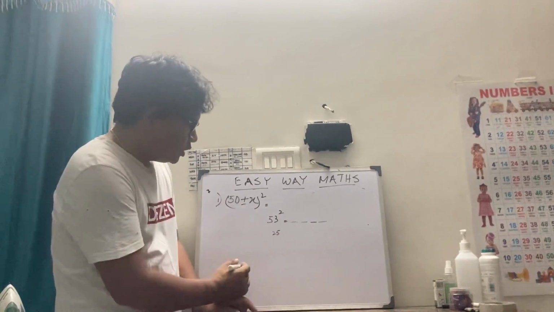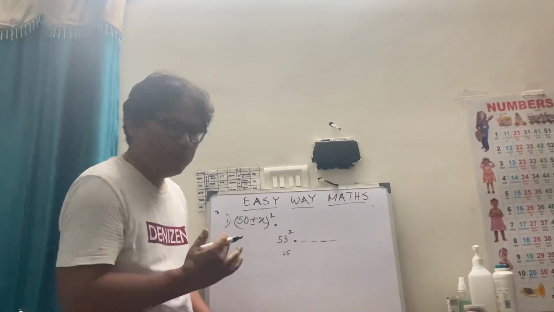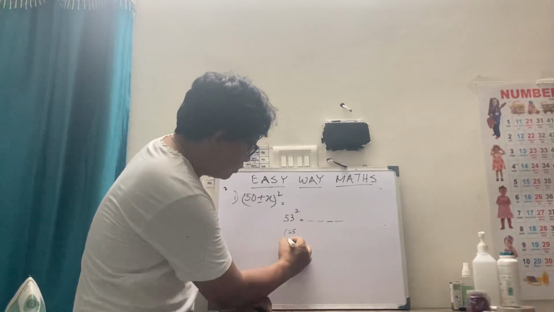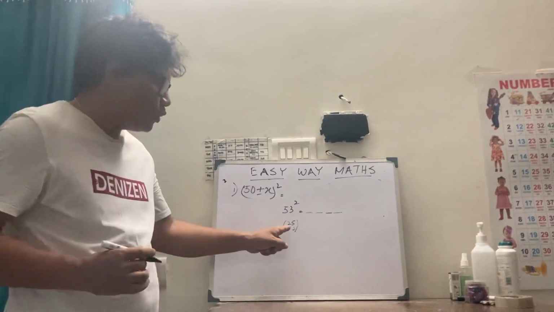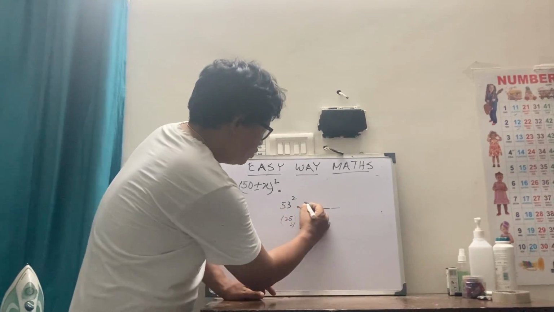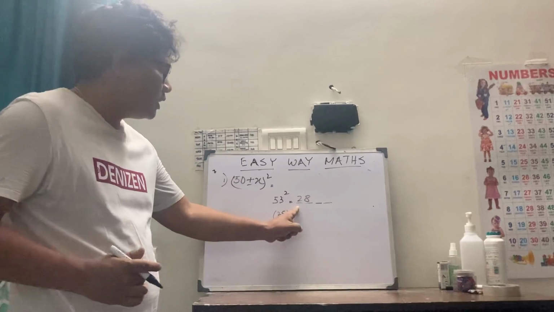53 is more than 50 by 3. So we will add 3 to this 25. If you add 3 to 25, it becomes 28, and straight away you put this number 28 in the first two digits, that is the thousands place and the hundreds place.